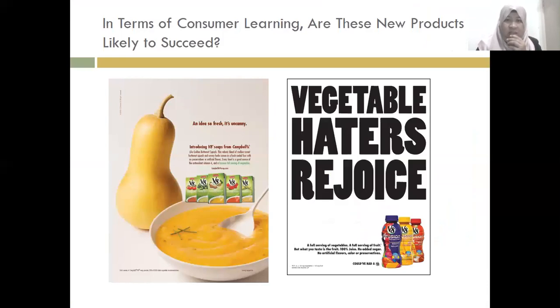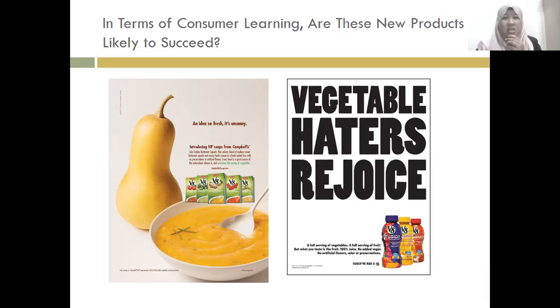In terms of consumer learning, are these products likely to succeed? For those who don't like to eat vegetables, this is how they create some products, especially for kids. They make something like a porridge, and some drinks, as a tactic so that kids can still consume vegetables using this kind of product.